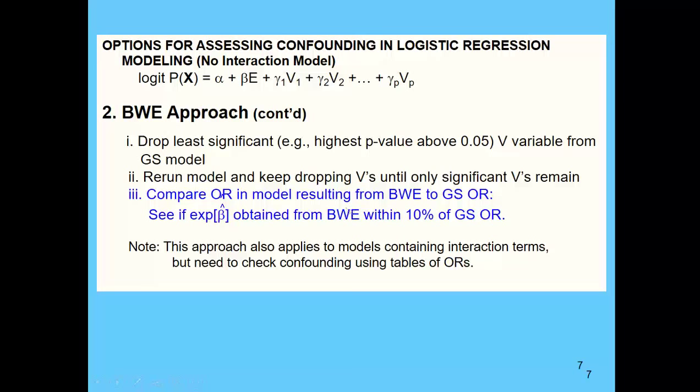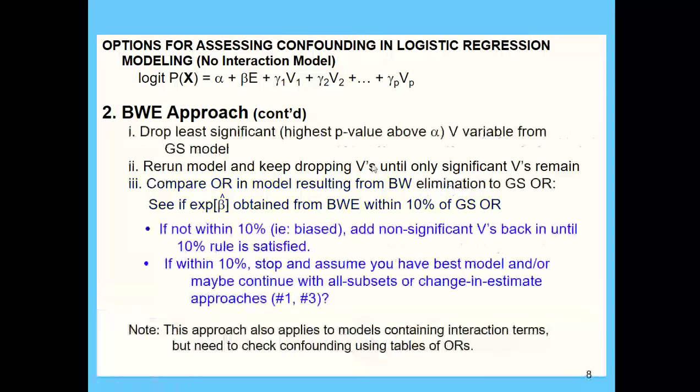If it's not, then you start adding things back. If it's not within 10%, add non-significant V's back until the 10% rule is satisfied. And if it's within 10%, stop. Does that seem to make sense? Somebody had a question?